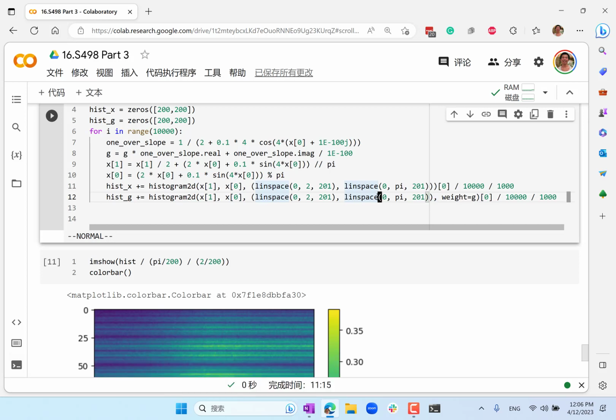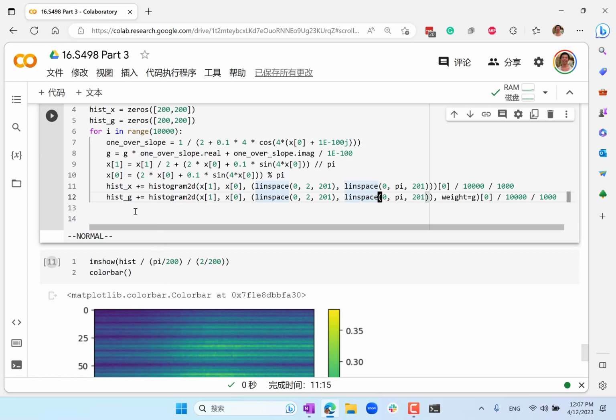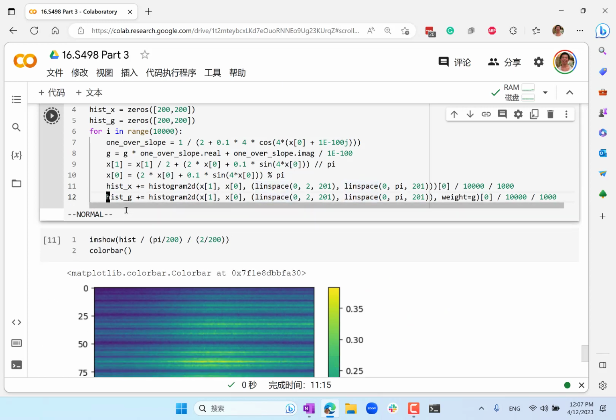It has accumulated 1,000,000 times. So the end result is the local g multiplied by the density. And if you look at what g is, that's going to be the density derivative. Okay, make sense? Okay, let's run this.